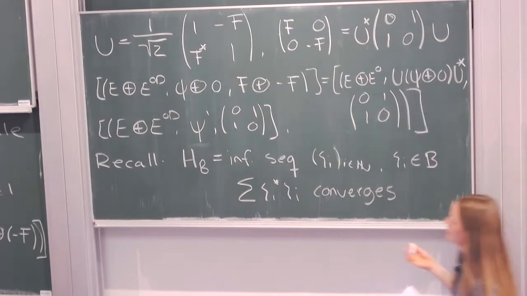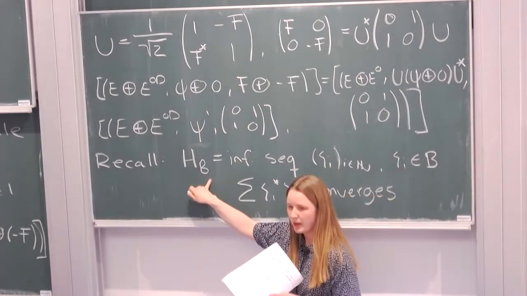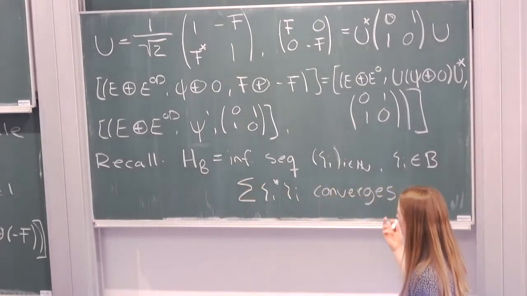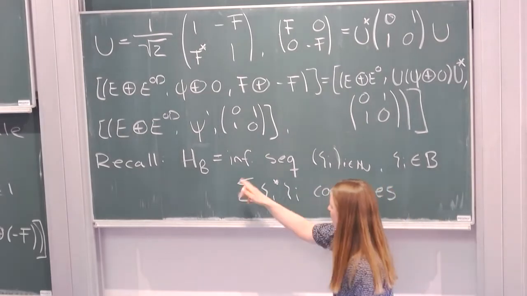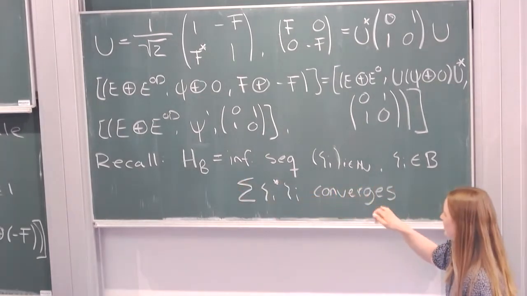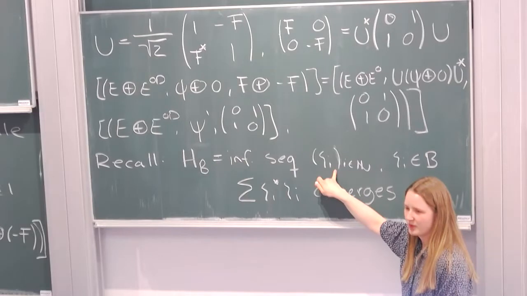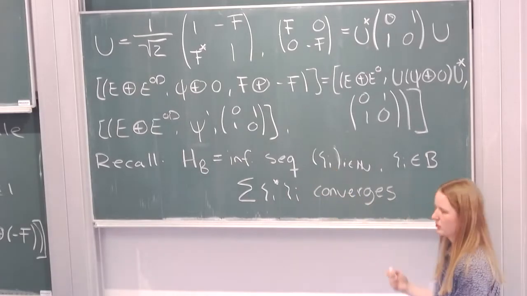And then we have a natural grading on HB by letting all the degree 0 elements correspond to a sequence where all the elements in B come from the degree 0 part of B, and the same with the degree 1 part.